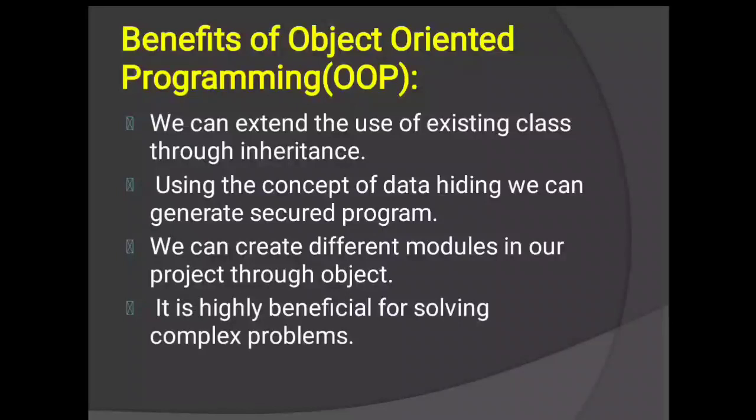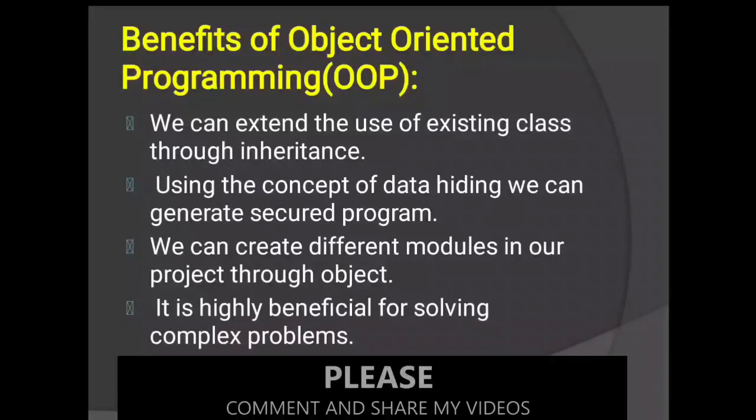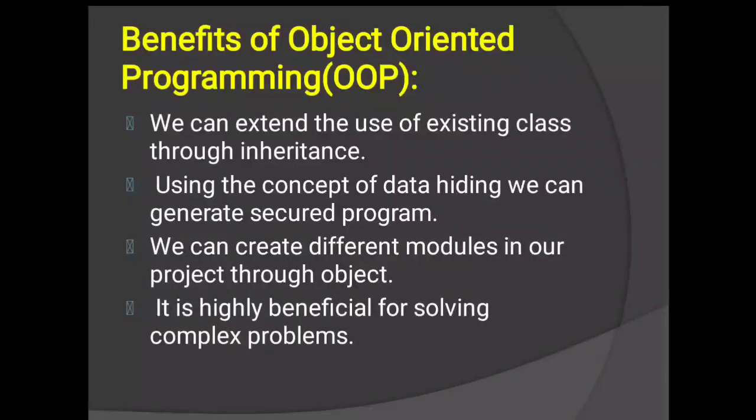If we do not want to display the data outside of the class, that also we are able to do. Means if we declare the data under the private and protected section, then that data will be displayed only under the class. We cannot display this data outside of the class.